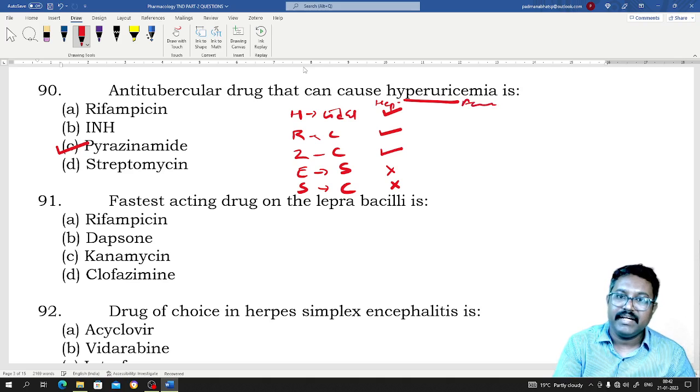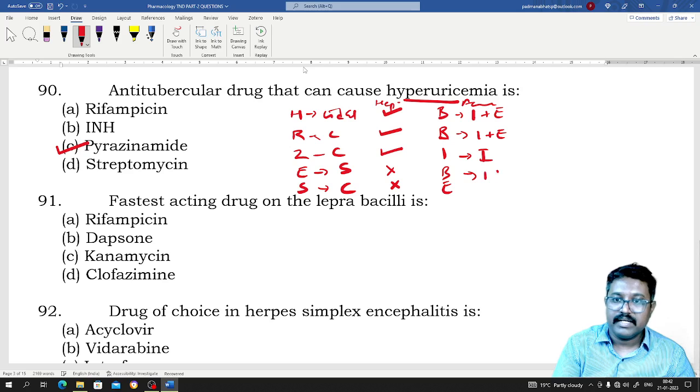What about their activity? So I can remember it as BRIBE. If you cover this R, it has activity both on intracellular as well as extracellular organisms. Pyrazinamide is active only on intracellular tubercular organisms, ethambutol has intracellular as well as extracellular activity, and streptomycin has activity only on the extracellular organisms. Is that clear? Fine.